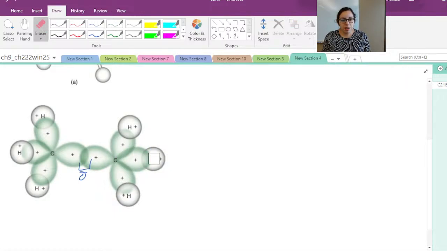Your textbook uses that plus-minus notation. In this case, we're not trying to show a bunch of plus charges everywhere, but rather that they're in phase, or bonding. Kind of confusing. And again, just a bunch of sigma bonds. Just so we're clear on that.